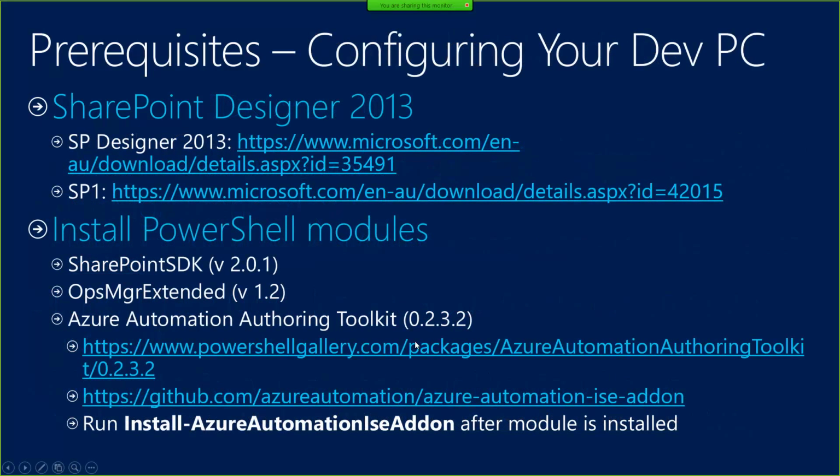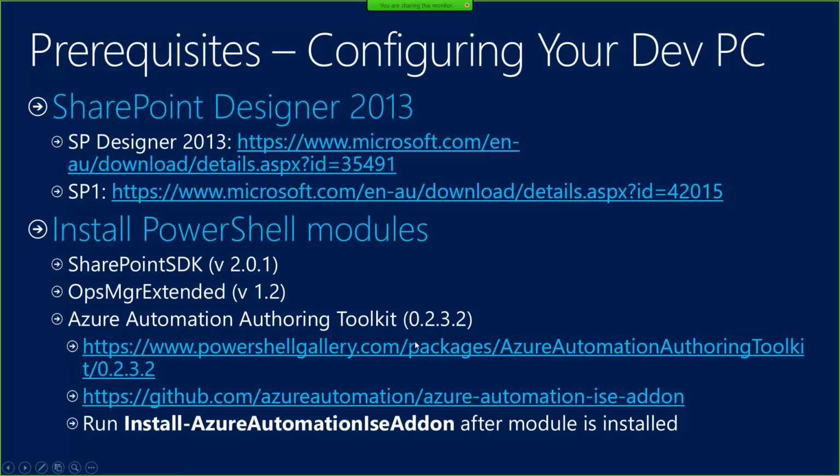We also need SharePoint Designer, which is a free download. We need it to design the SharePoint workflow. I'm also going to use an optional component called Azure Automation Authoring Toolkit.